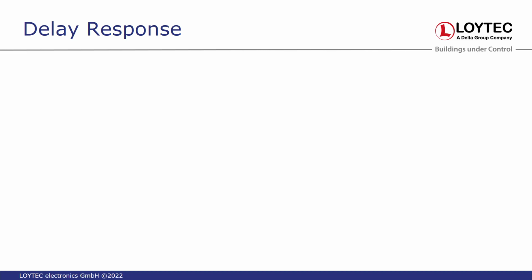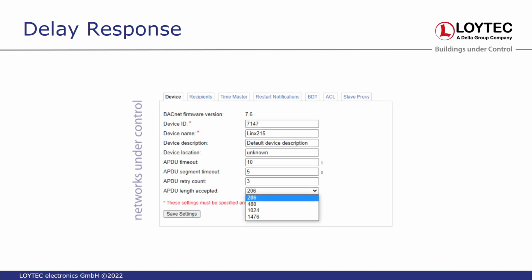Yeah, I see. In this regard, maybe the network is just too congested in this case. You could try working with the COV deltas, so you do not have that much traffic. And what I've personally seen is that on the WebWire, you can configure this APDU length.